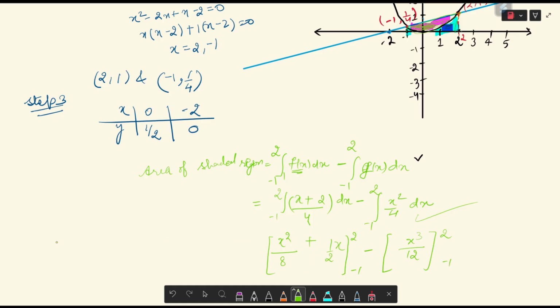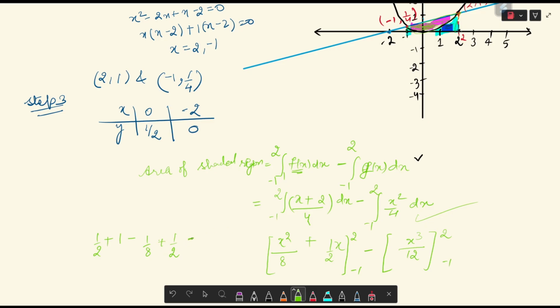So we need to put these values. So it will be 2 to the 4, 1/2, plus 2 upon 2 1, minus -1 put करेंगे तो 1/8, minus plus 1/2.